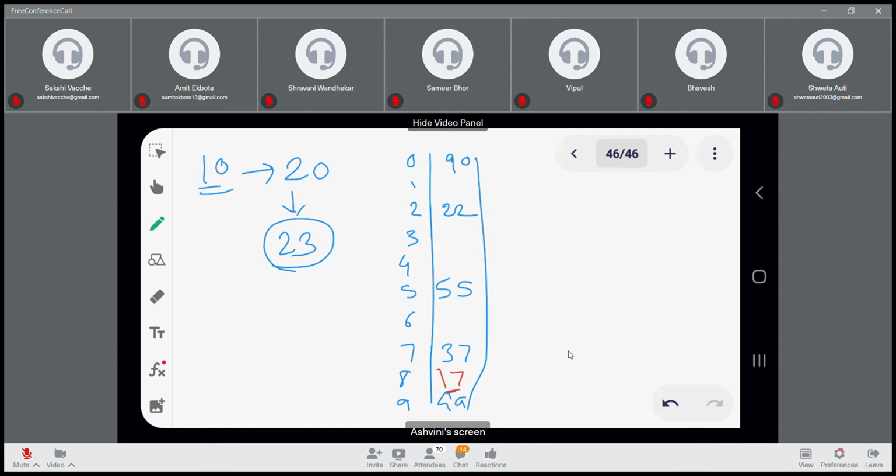So we are going to make the table size 23, and your new hash function is hash key equal to key mod 23.